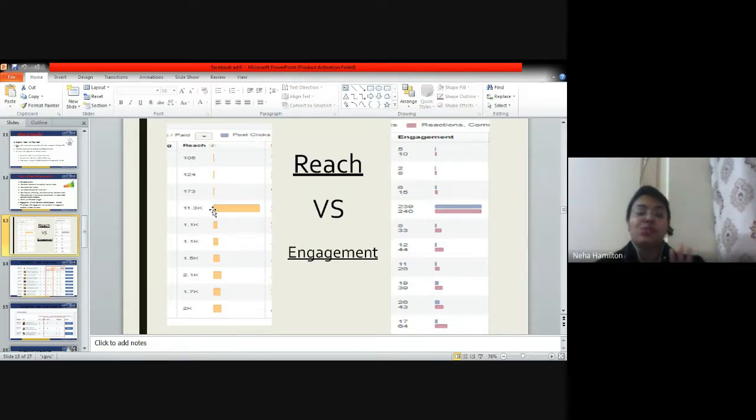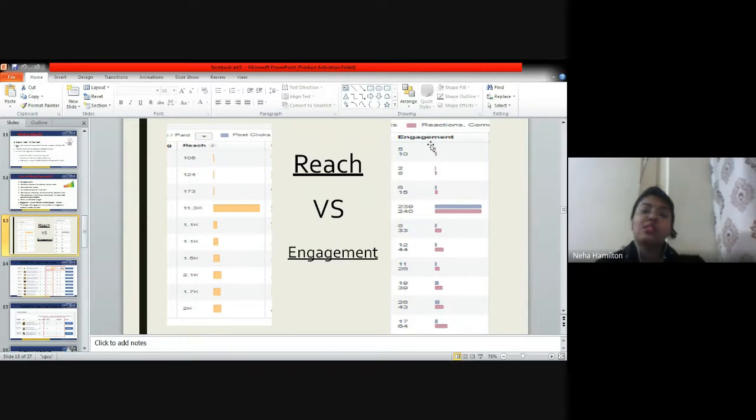On the left side of the screen, you can see that it is just reach. 105 reach. Here it is written 124 people. It has reached 170 people. Here a lot of people have been reached. Here, if you see, the numbers are very low compared to this side.